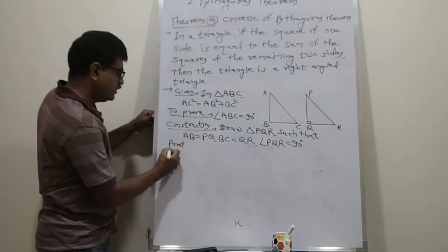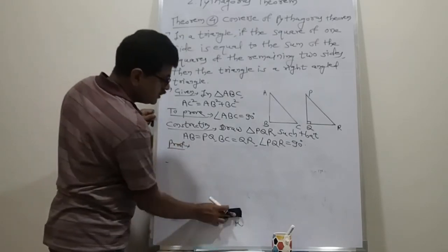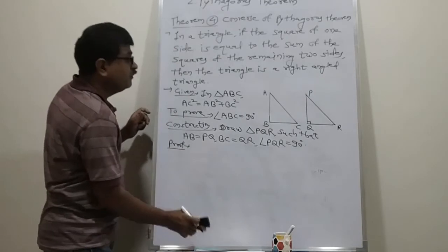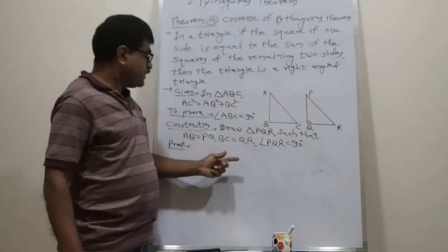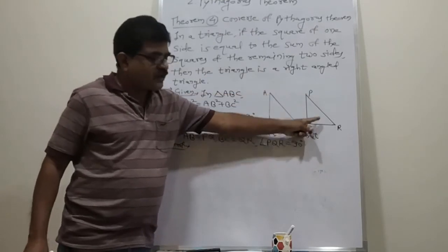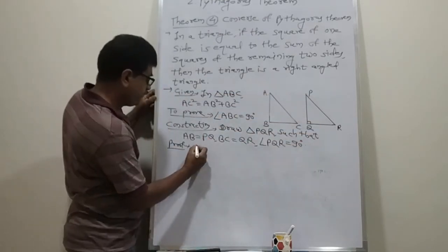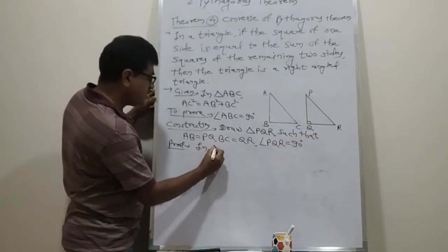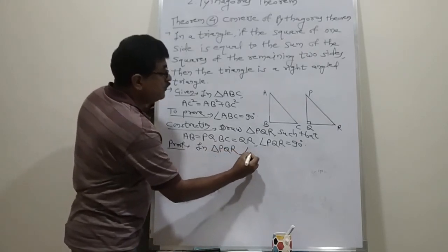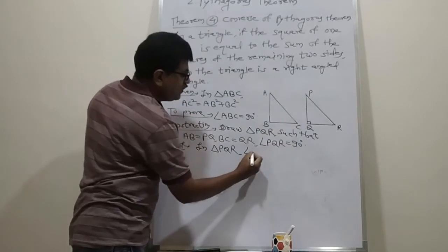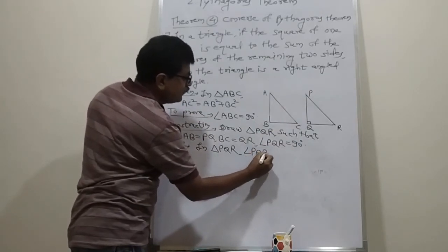Now prove. First we write, in triangle PQR, we have given angle PQR is equal to 90 degrees.